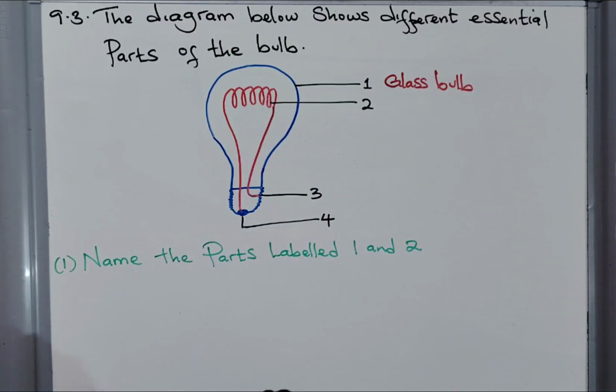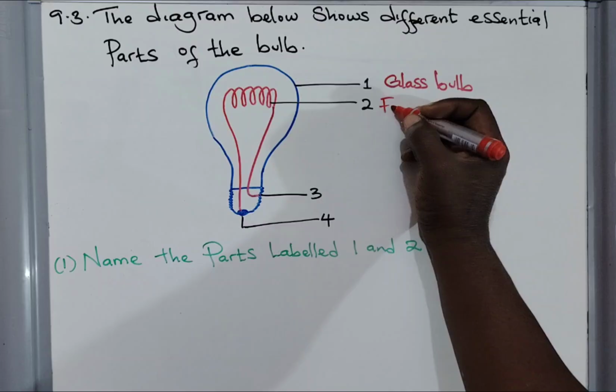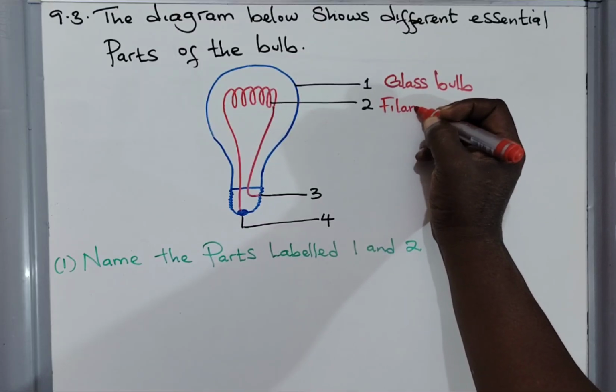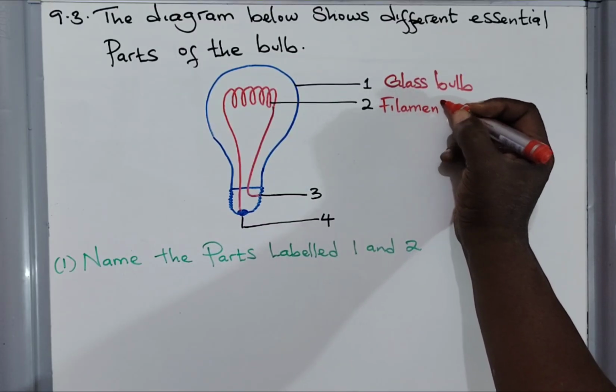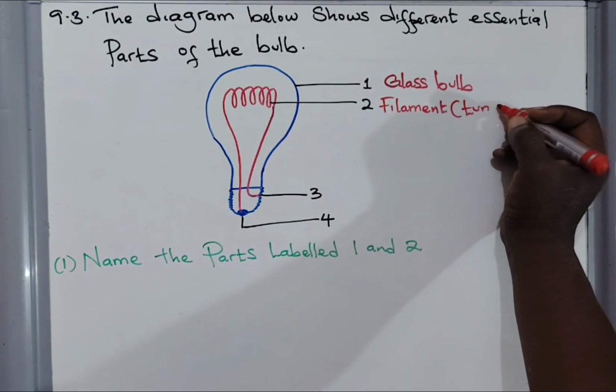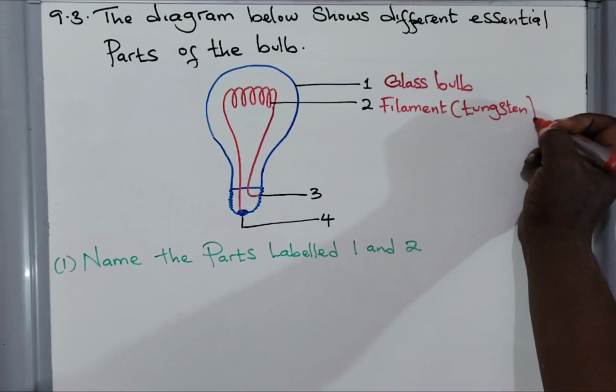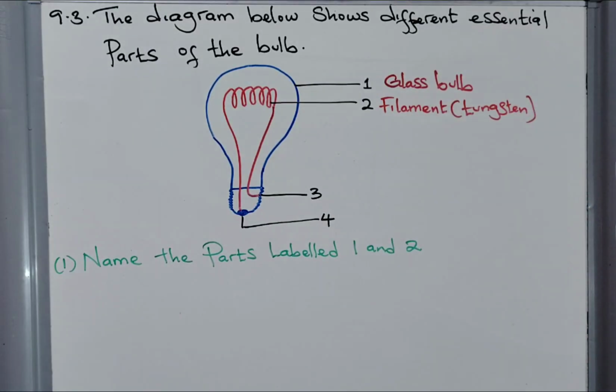And what is 2? Two is the filament, normally made from tungsten. So some people call it tungsten filament.